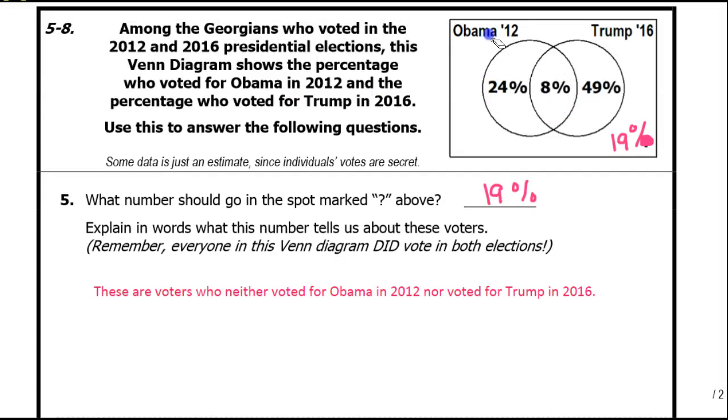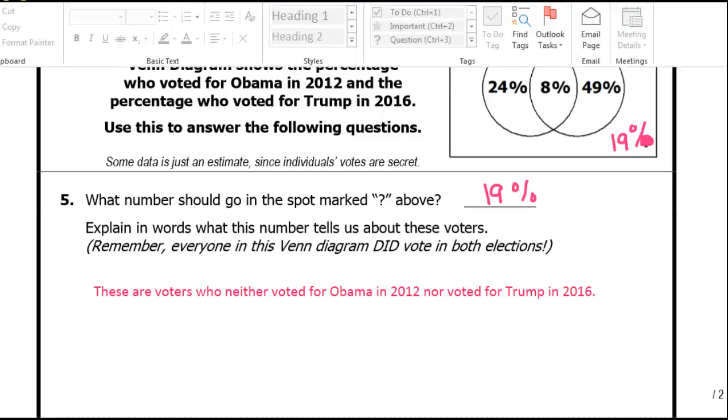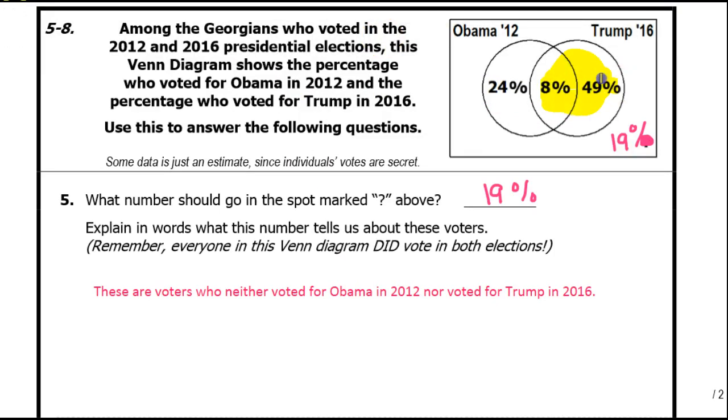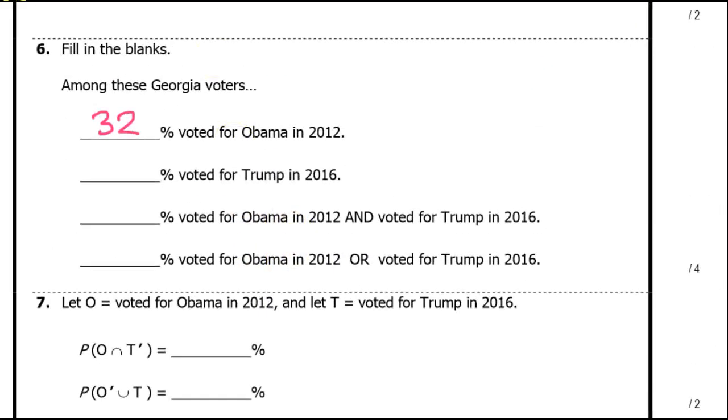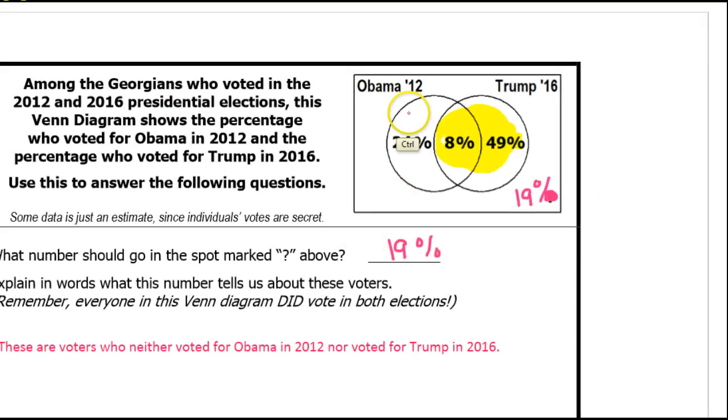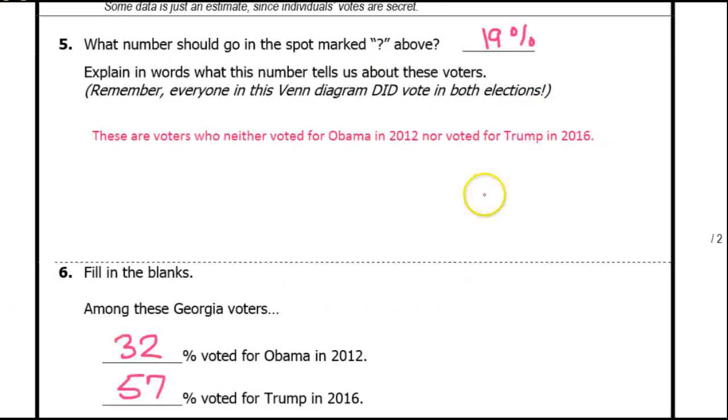Well, Trump 2016, we're talking about these voters right here. So that's going to be 57. Voted for Obama and Trump? Well, that's this number right here.